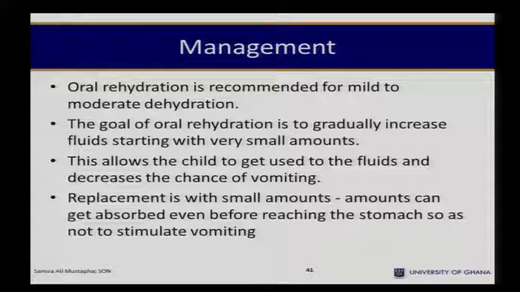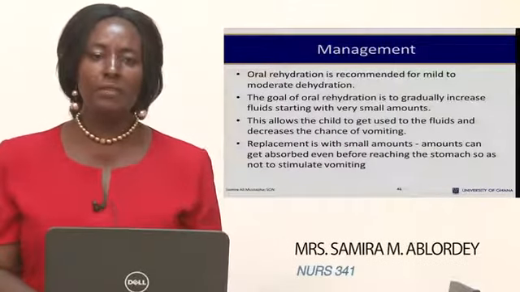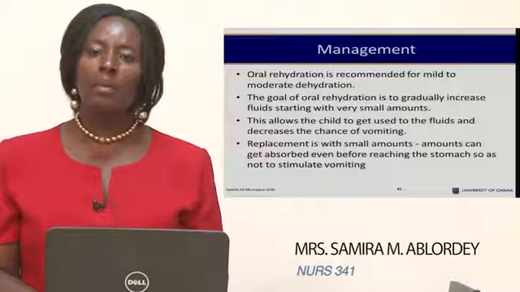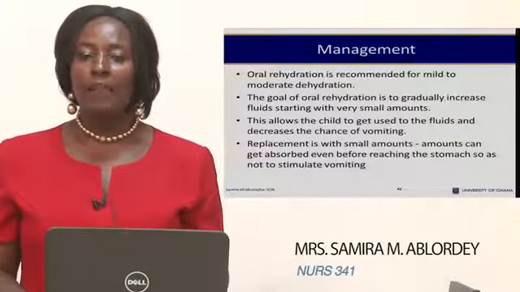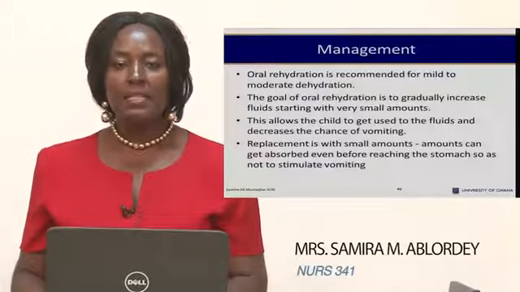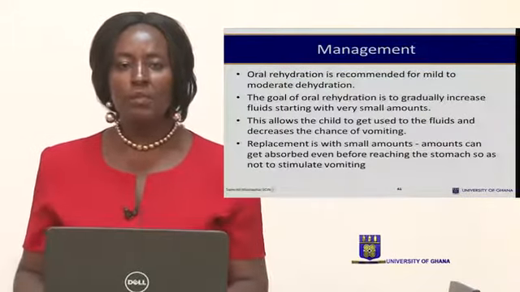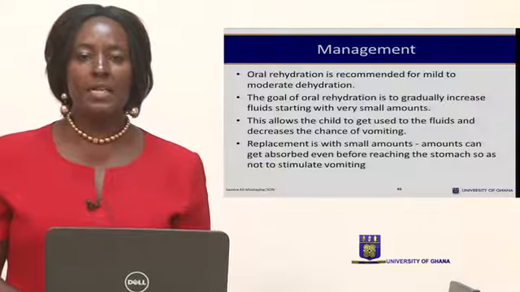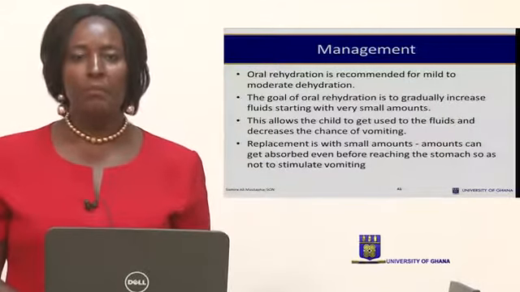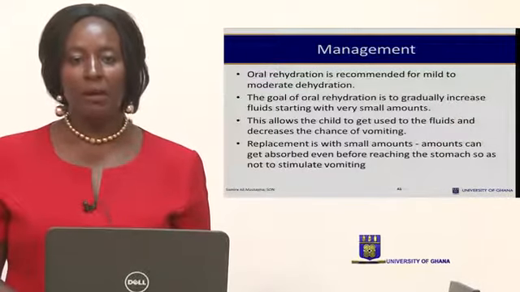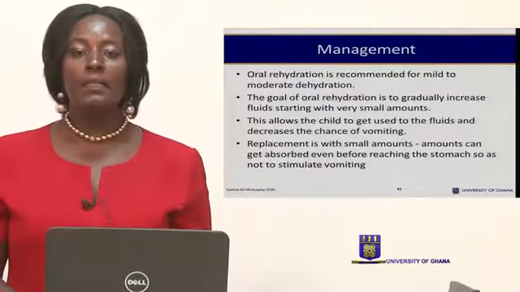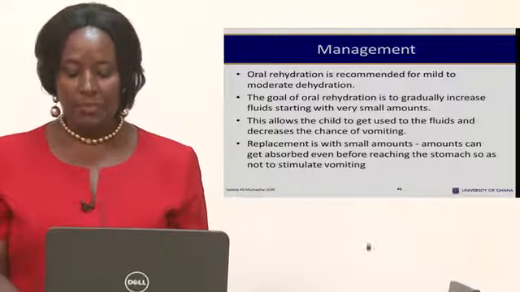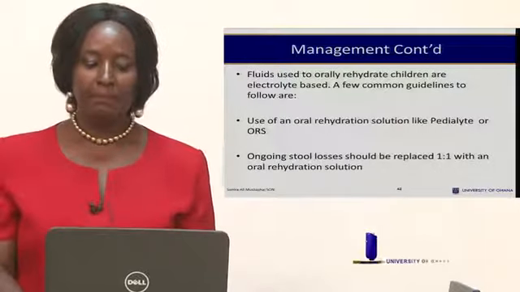The goal of oral rehydration is to gradually increase the fluid with small amounts, even if it's a tablespoon every minute. This allows the child to get used to the fluids and decreases the chance of vomiting. The replacements with small amounts can get absorbed before they are stimulated to vomit, so it helps.